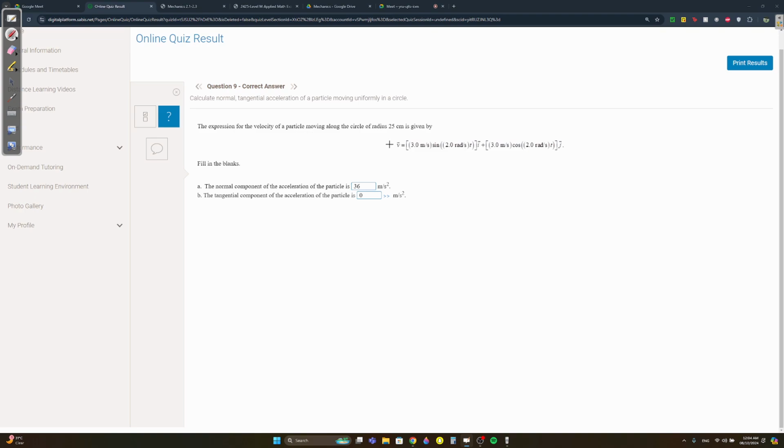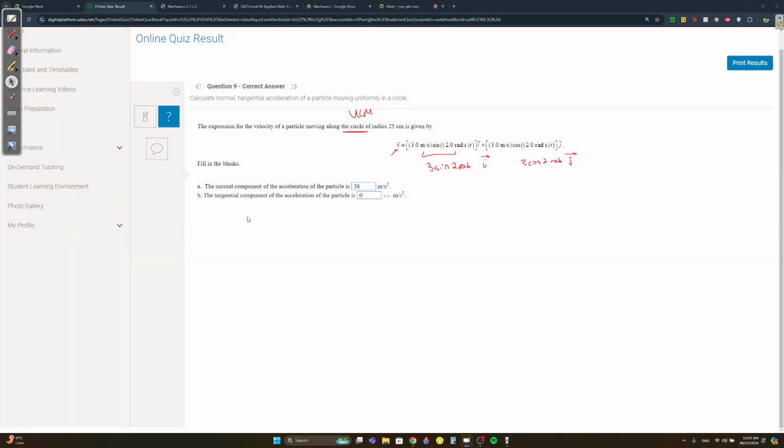Here, they gave us the velocity along a circle, so it's UCM, right? They gave us the velocity is 3 sine 2 rad. They trick you with this, but it's 3 sine 2 rad. You can just put this in your calculator for the i component, and then it's 3 cosine 2 rad for the j.